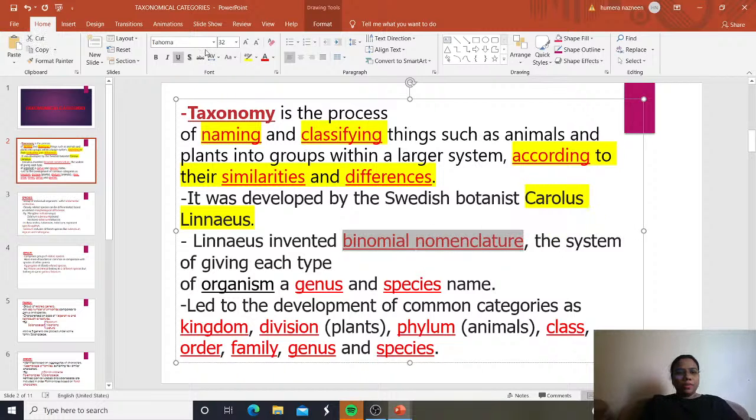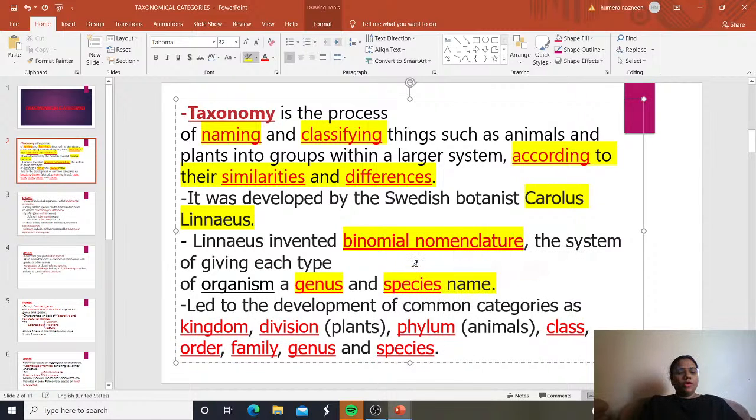Now, who knows binomial nomenclature? Binomial nomenclature is the system of giving each type of organism, any living organism, a plant or animal, two names: the generic name, that is the genus, and the specific name, the species. Such a process in which an organism is given two names is called binomial nomenclature.